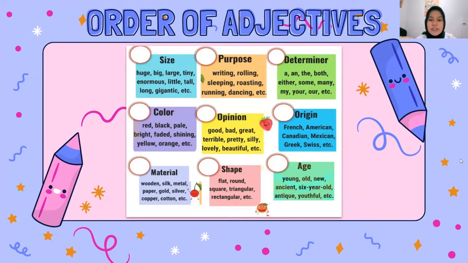Origin, such as French, American, Canadian. Material, such as wooden, silk, metal, paper, gold, silver. Shape, such as flat, round, square, triangular. And the last is age, such as young, old, new, ancient.